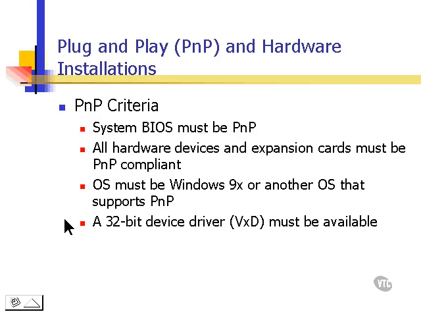So plug and play can be a very nice tool to have, but we have to have all of the pieces in place in order to be able to use it.